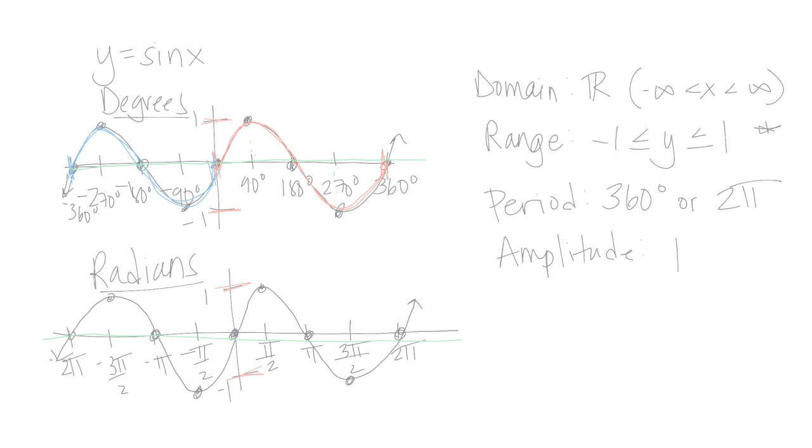It is 1 unit from the sinusoidal axis to the max or the min. I already showed you what the sinusoidal axis is. It's that line that I drew in green here. It basically cuts your sine curve in half. And that is the equation for the x-axis, so that's y equals 0.